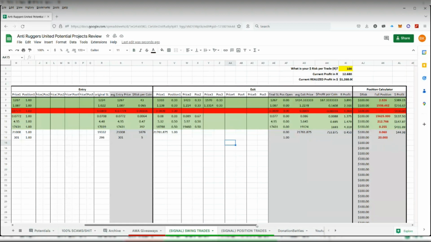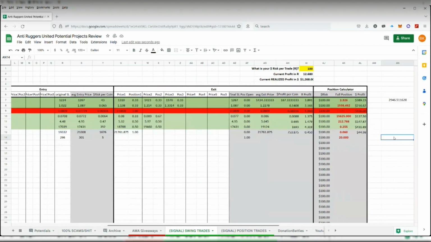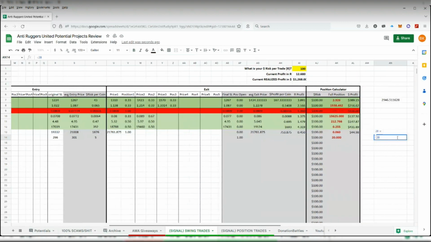So to calculate how much I need to buy, 20 BNB times 301, I'm going to need $6,000. And this is where leverage comes in. I'm risking $100. Let's say my account size is $1,000.